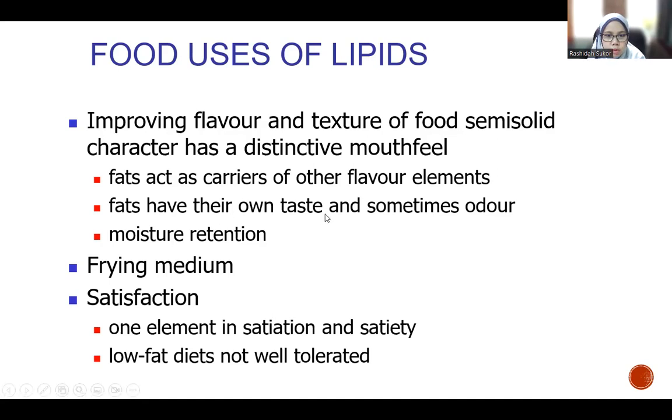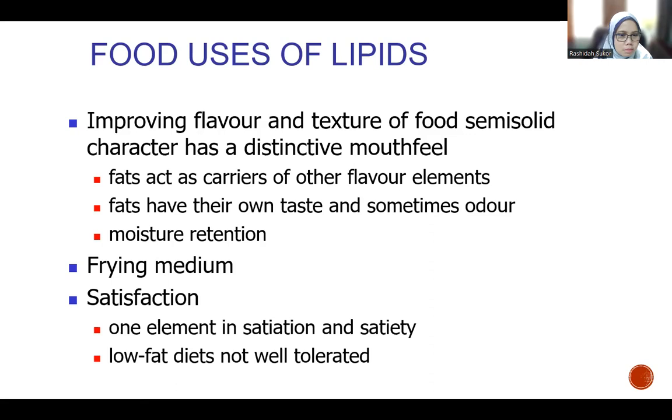Alright, fats have their own taste and sometimes odor. Different fats will have different taste and odor. And then moisture retention. I'm not sure if you can still recall your water class with Dr. Alia. Water is not just an H2O molecule that acts on its own, but water can also have a reaction, or can bind to other molecules.